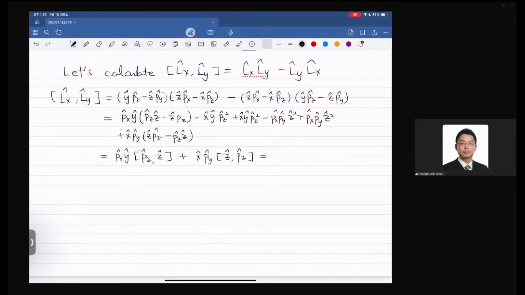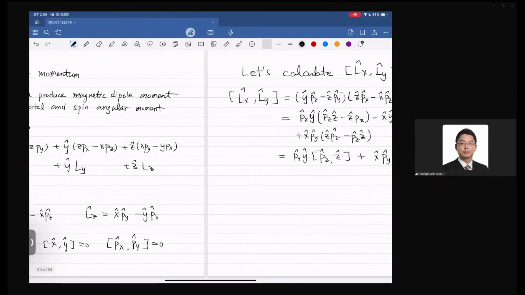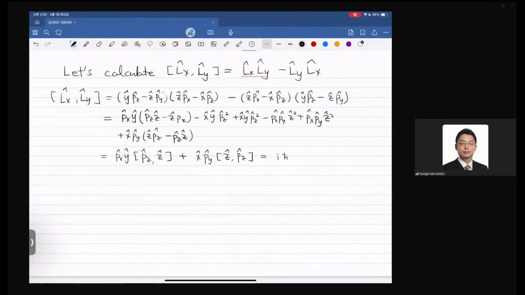So ZPZ, what was that? ZPZ is going to be iħ, right? So iħ minus XPY, so XPY minus PXY.